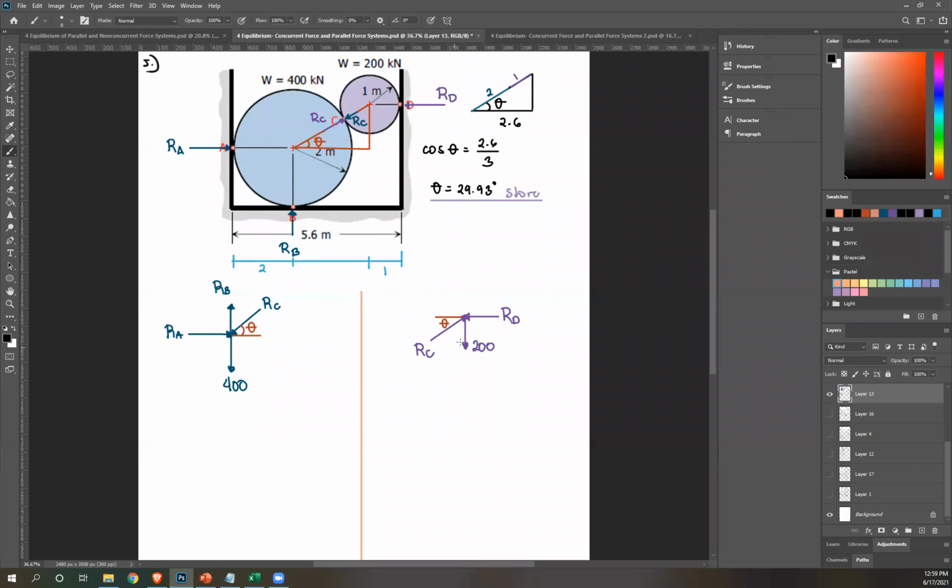So let's start with summation of forces vertical. So summation of forces y equals 0. RC is upward. RC sine theta minus 200 equals 0. Please solve what's RC.